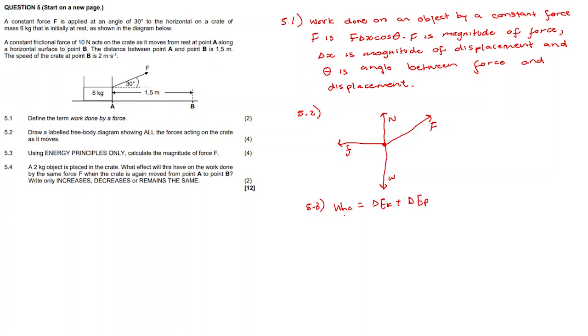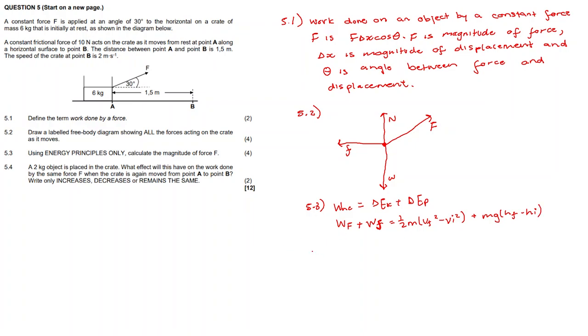We then know that the work done by the two non-conservative forces is the work done by the force applied plus the work done by the friction force. And this is equal to a half m(vf squared minus vi squared) plus mg(hf minus hi).